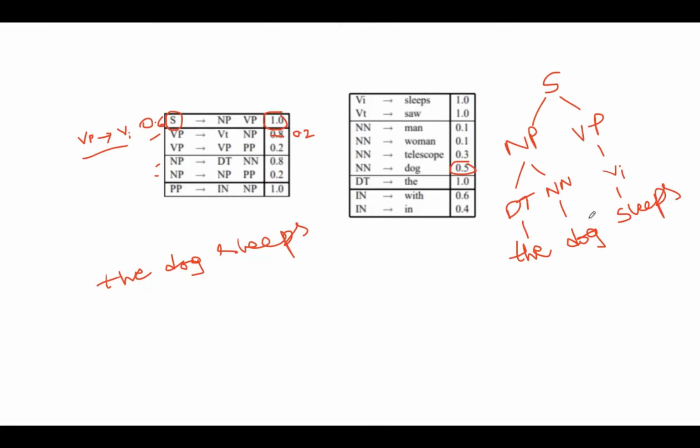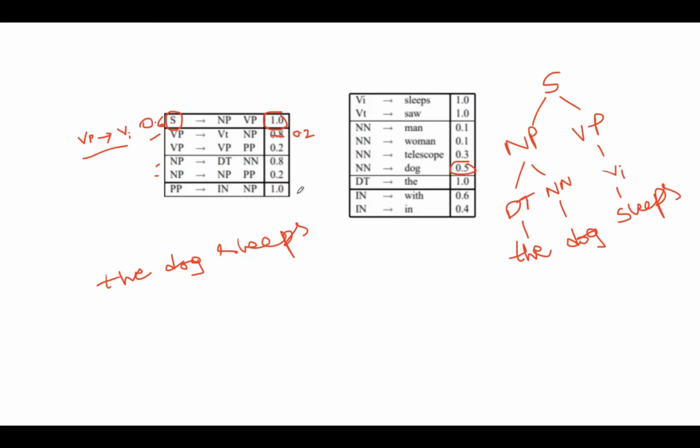This is the parse tree we constructed from the given grammar, and it is a valid parse tree under the underlying context-free grammar.